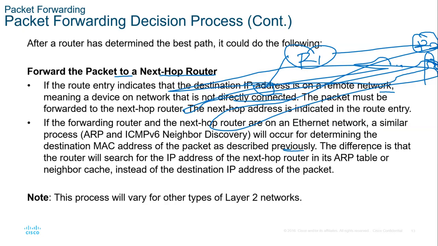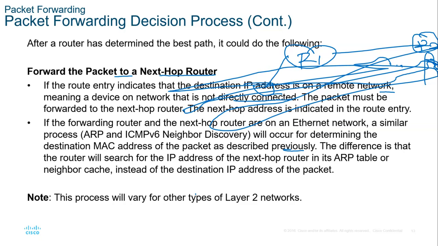So the difference is that a router will search for the IP address of the next hop router in its ARP or neighbor cache instead of the destination IP address of the packet. Note that this process will vary for other types of layer 2 networks.